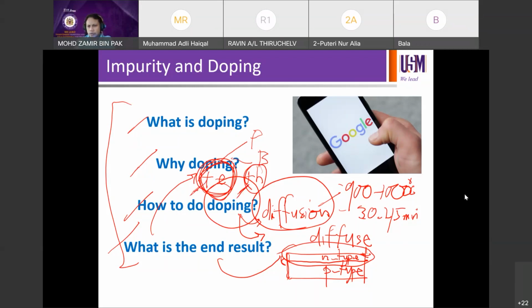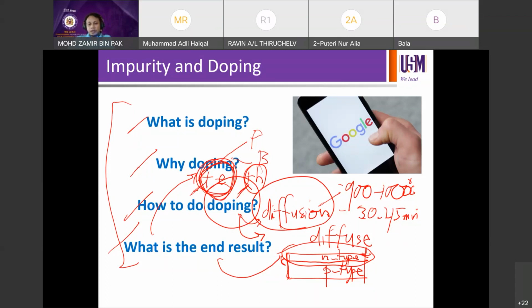Okay. You can also alter the crystallinity to some extent. If the level of incorporation is small or conventional, you wouldn't alter the crystallinity of the material. But if it's too much, that will probably alter the crystallinity of the material.